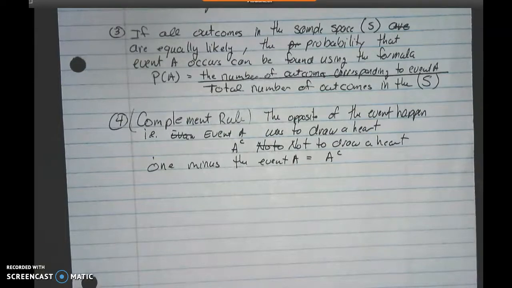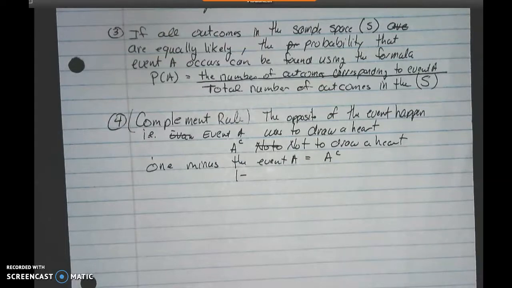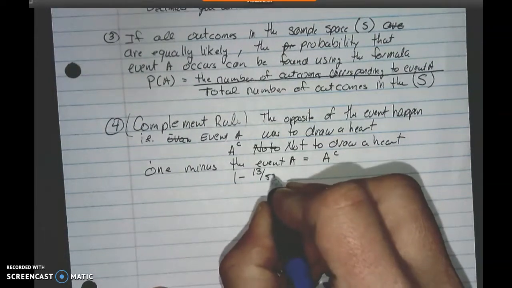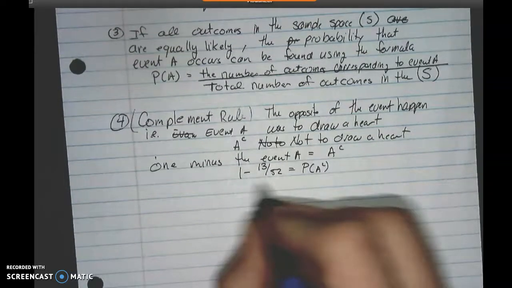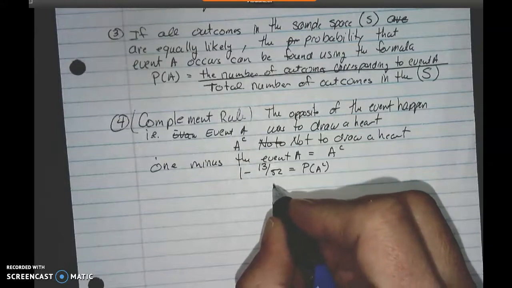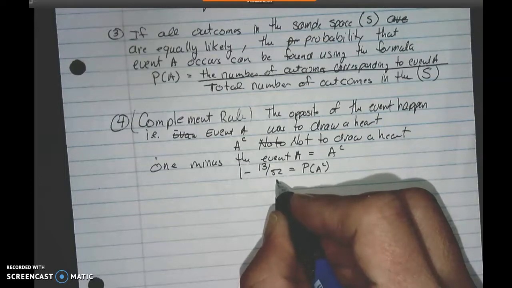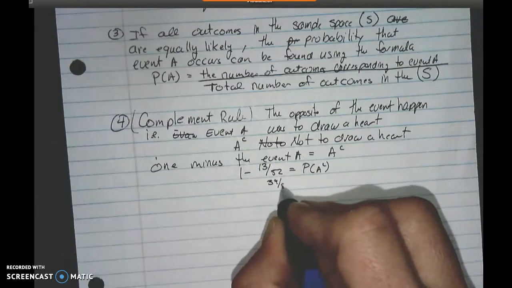So it will look something like 1 minus, see here, not to draw a heart. That means we want everything that's not a heart. So if we say, okay, well, the heart is 13 out of 52, right? Then 1 minus that, 52 minus 13 is going to be 39 out of 52.